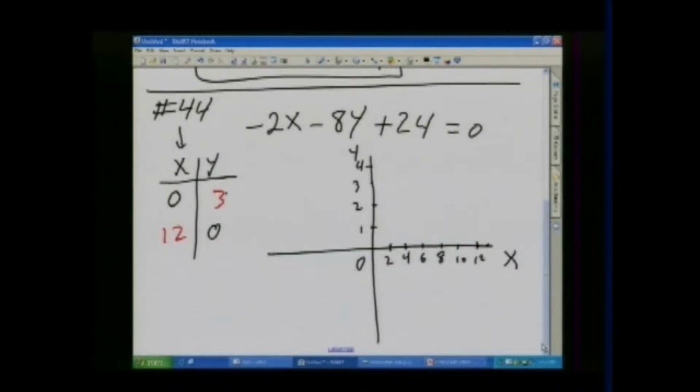Now, the first point on this line has the coordinate of 0 and 3. X of 0, y of 3. That would be right here. The second point has a coordinate x of 12 and y of 0. 12 and 0 would be here.